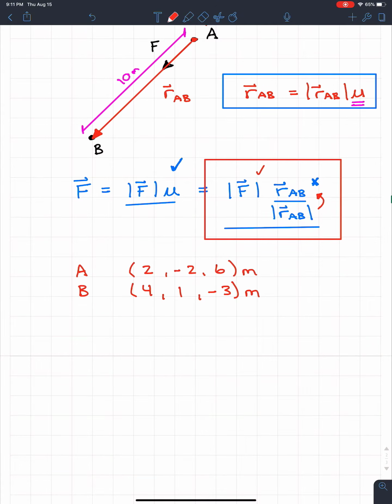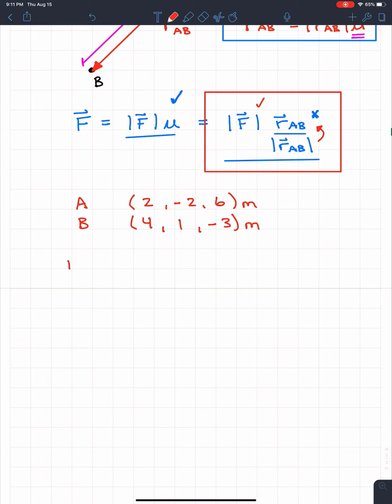If we're doing a position vector from A to B, all this is going to be RB, where R without the vector sign means it's coordinate points, minus RA.